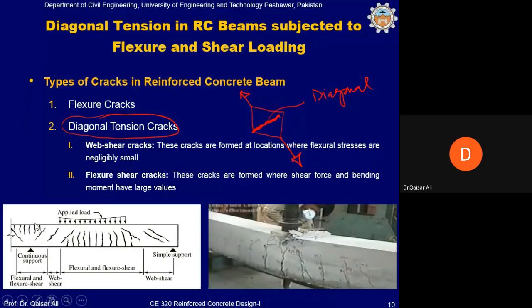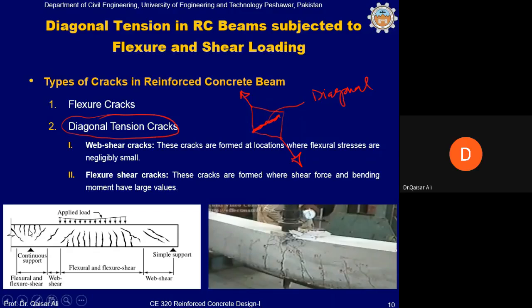So the crack will appear due to flexure from top to bottom, not from bottom to top, because these are positive bending moment areas. In the case of positive bending moment areas, the crack will appear from bottom to top because tensile stress will occur here. And in the case of bending moments at the supports, you know that bending moment is maximum at the support, so it will produce tensile stresses in the top part of the beam.